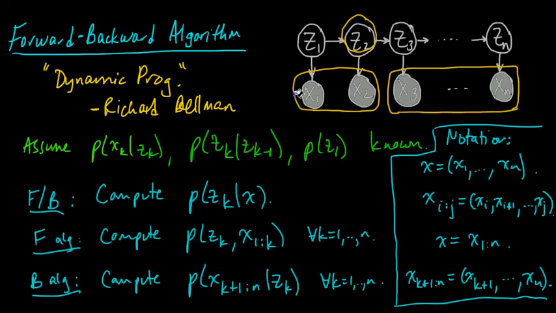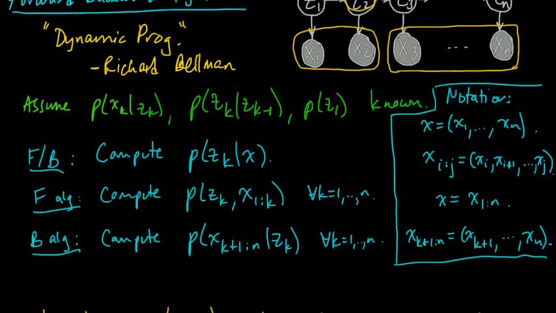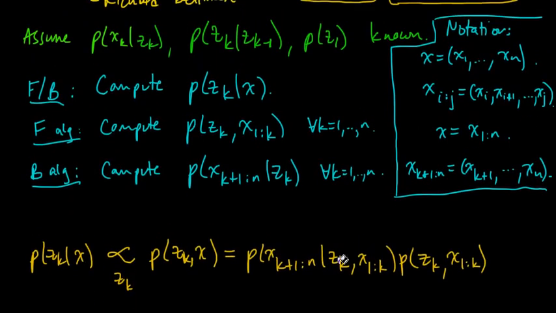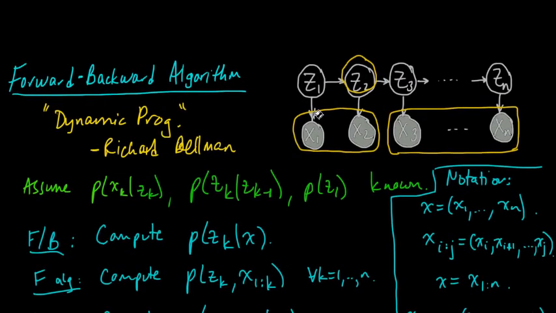Imagine that we have unconditioned on these x's, and we're going to condition, maybe I'll use a slightly different color for conditioning. We're going to condition on z_k. So I claim that these are conditionally independent of these given this guy.